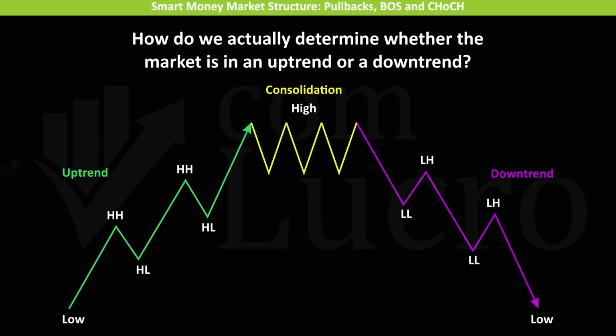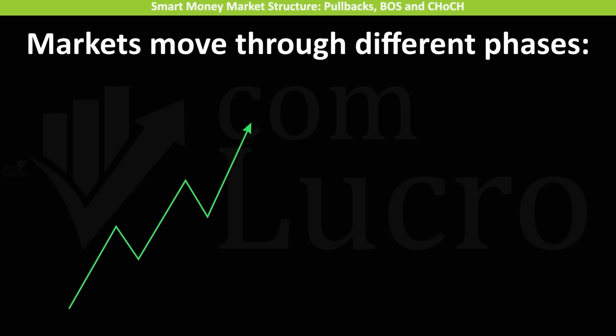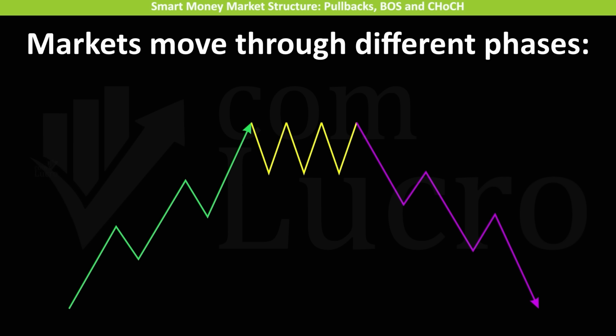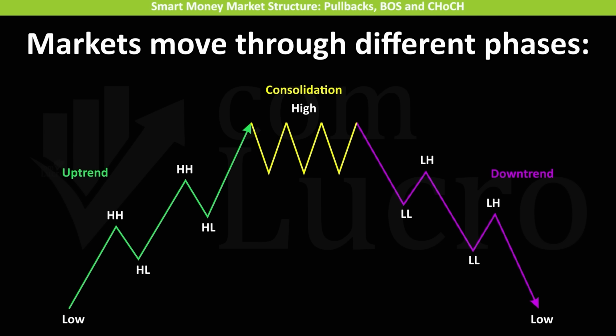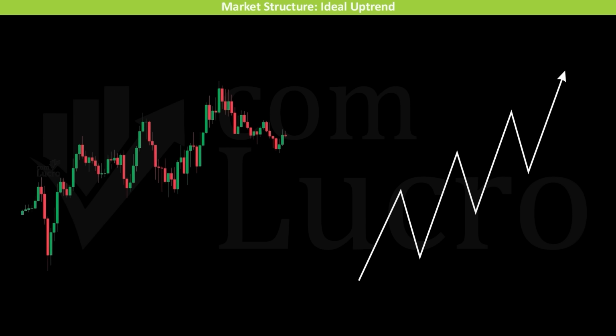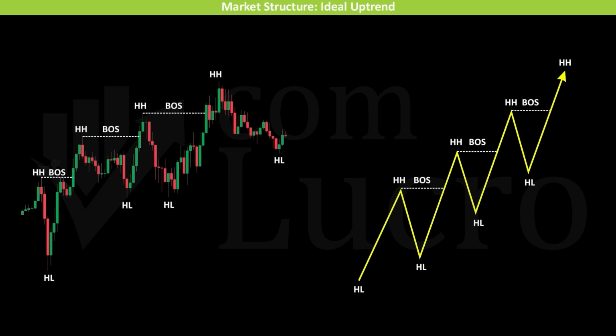So before marking zones, choosing a bias, or planning an entry, we need to identify what condition the market is in. Once this foundation is clear, it becomes much easier to separate clean structure from noise, real continuation from retracement, and valid reversals from simple internal movements. So, let's begin with the foundation.